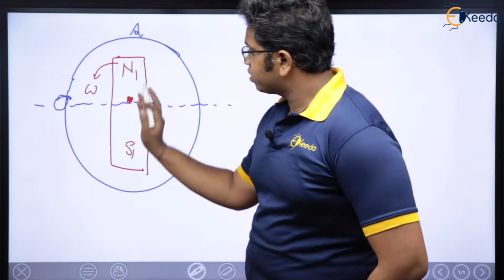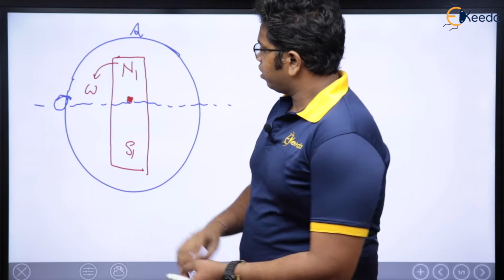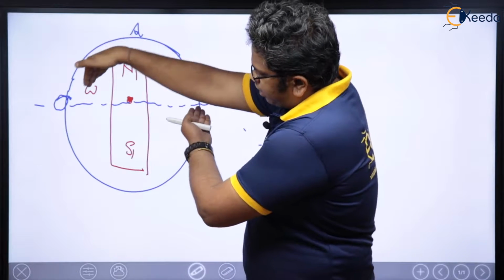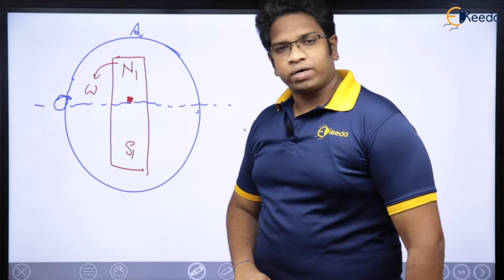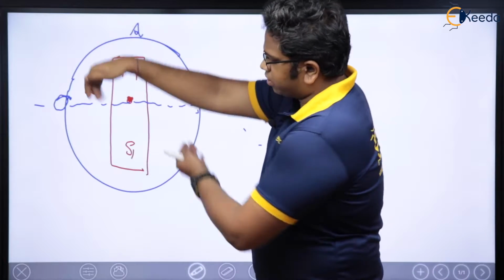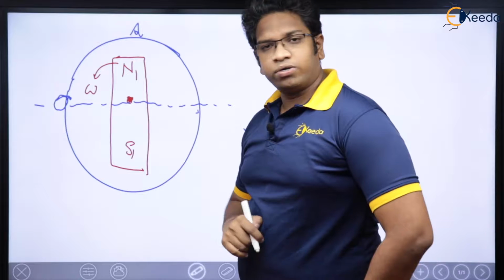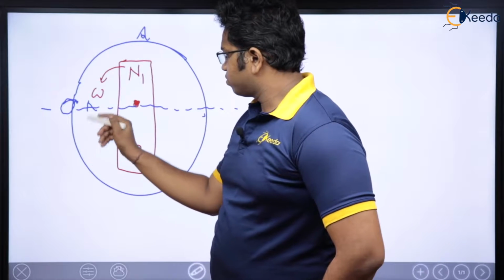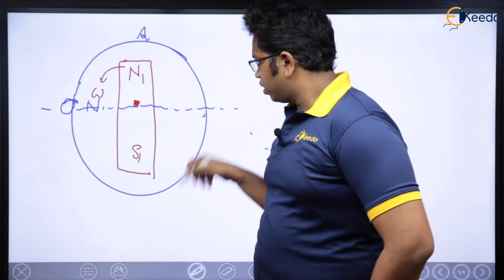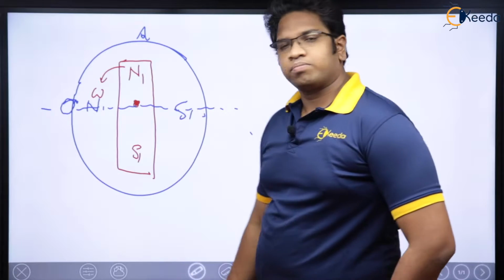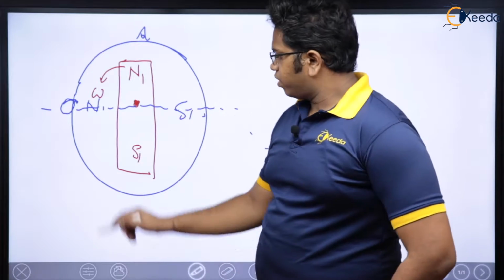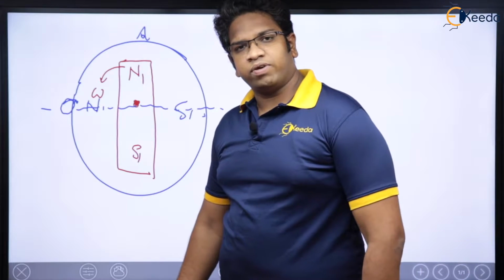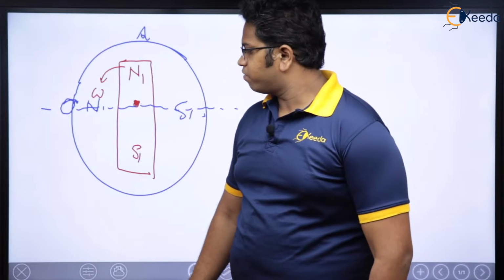What will happen after some time, when I rotate these poles N1 and S1 by 90 degrees? N1 will come here, S1 will go there. Is it right? So when N1 is here, how to find the direction of induced EMF here?